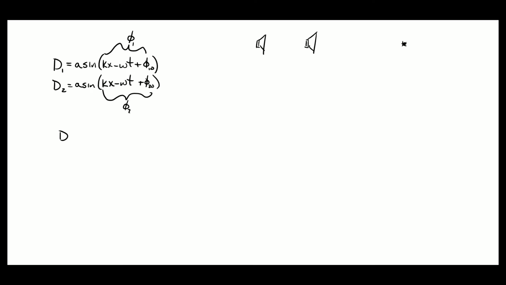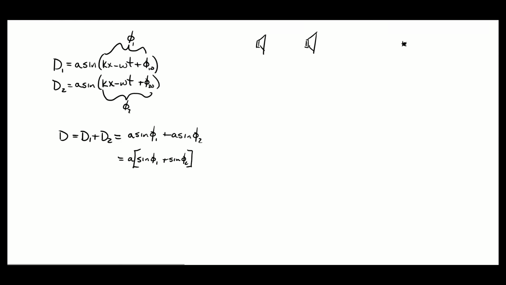Now, the total displacement from the waves, the one that you would hear at that location, is just going to be d1 plus d2, thanks to the principle of superposition. If we sub in what we have there, that is A sine phi 1 plus A sine phi 2. Or if we factor out the A, we just get sine phi 1 plus sine phi 2.